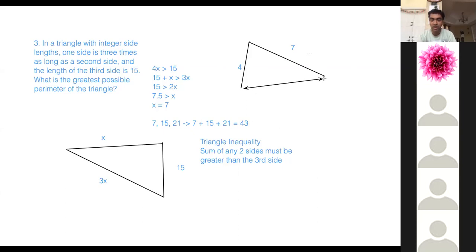How would I make this bigger, keeping the 4 and 7 the same lengths? Maybe if you move the angle with the 7 and the 4, if you move the 7 a little closer to the 4. Okay, let's see what happens there.